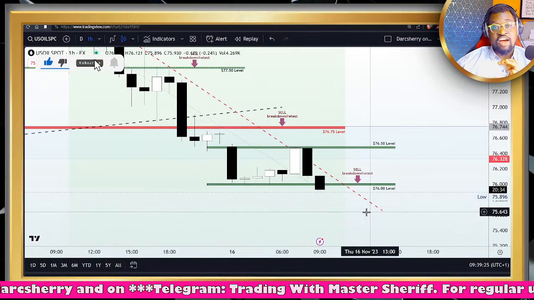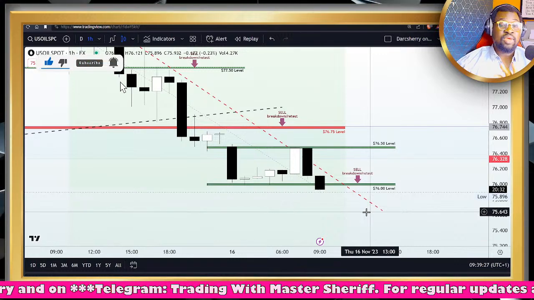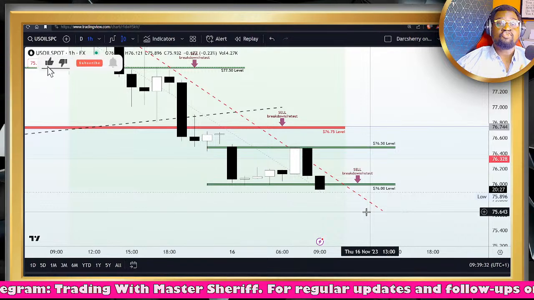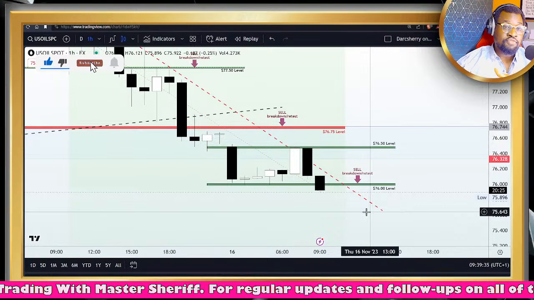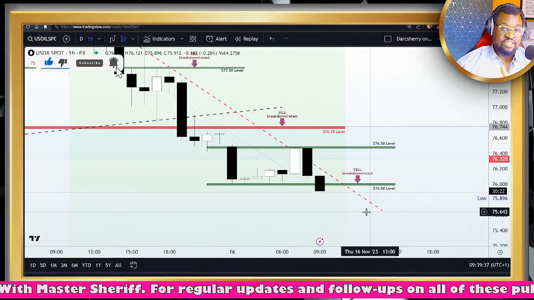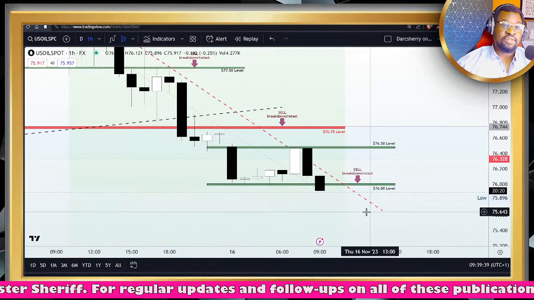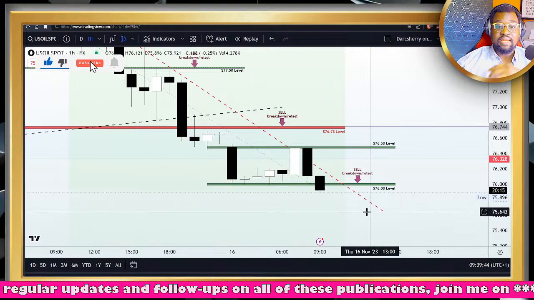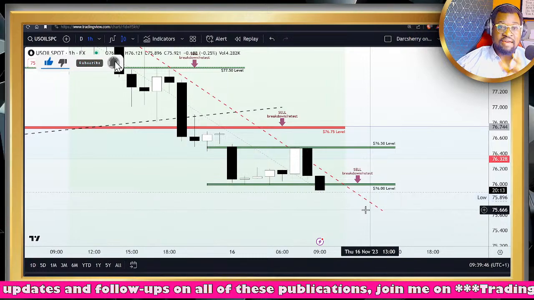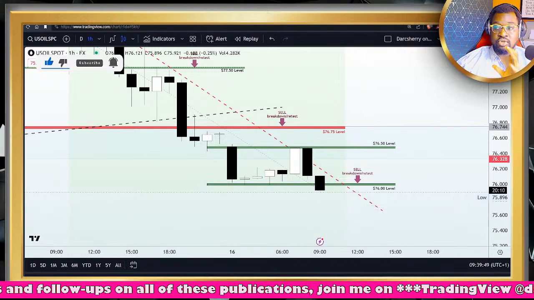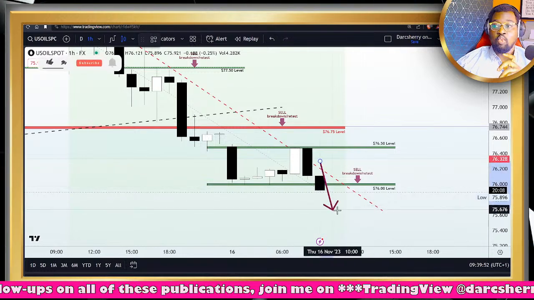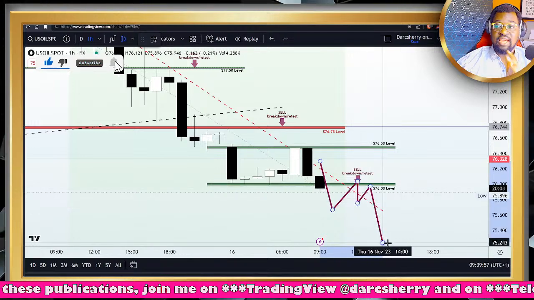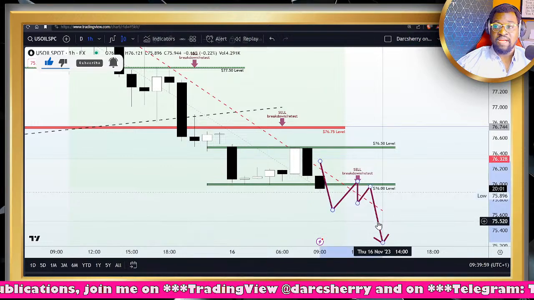For those of us who have been profitable since the beginning of the week, we can afford to place a sell stop order below the $76 area, because we do know that even if it doesn't move in our favor and it goes against us, we are only risking some of the profit we had made so far this week. But for those of you who are joining for the first time and you don't have a leverage yet, I would suggest that you exercise patience, wait for the retest of structure to happen, giving us the beautiful confirmation. Then you want to be joining that bearish momentum to the downside.